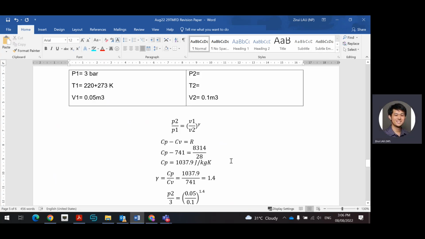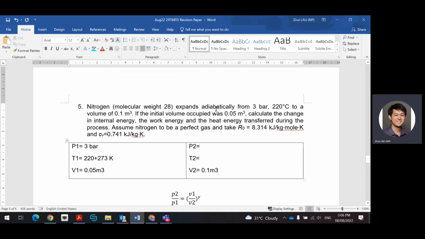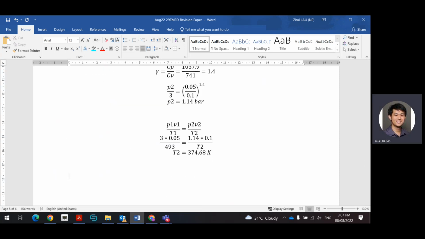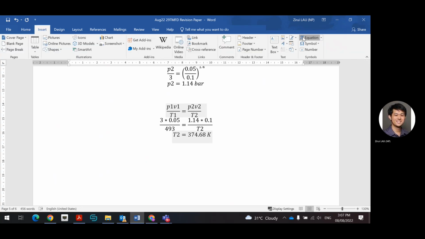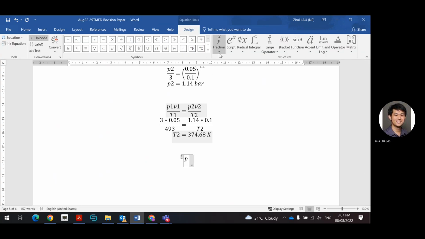Okay, there's one more thing we need also, which is our mass. We do not have mass. So to find out mass, which equation can we use? PV equals to MR T. So P1 3 bar, V1 0.05, R is 8314 divided by 32.